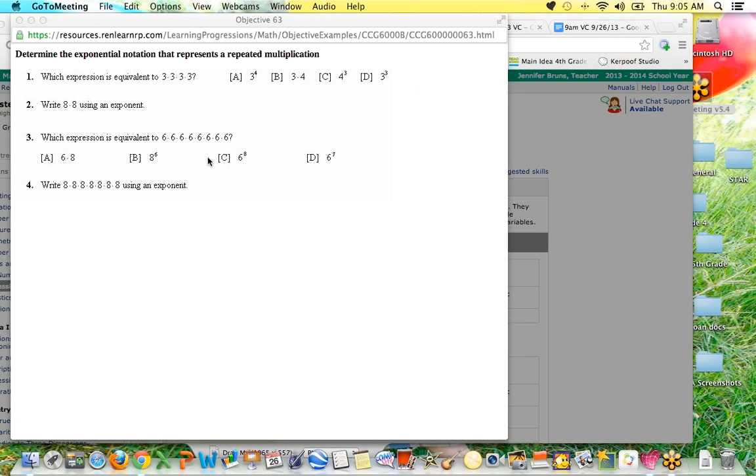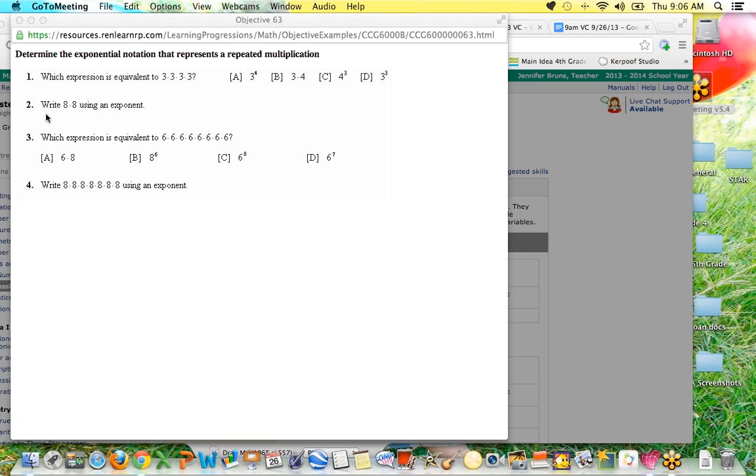Are they talking about powers? Yes. Very good, Clara. Very good, Sienna. And great, Tyler. So everybody got that? That means 3 to the 4th power because you're multiplying 3 by itself 4 times.